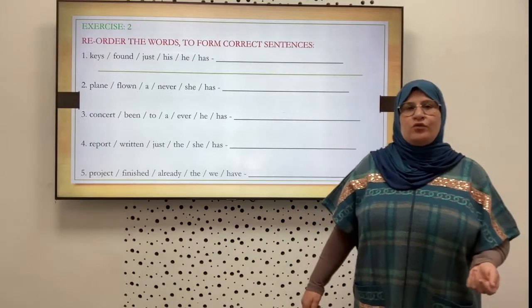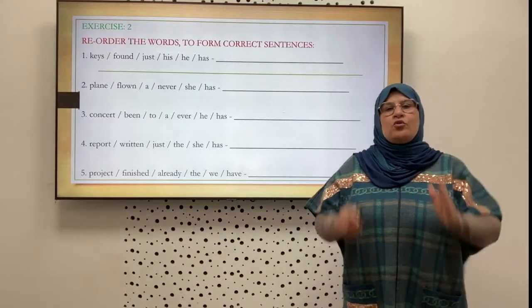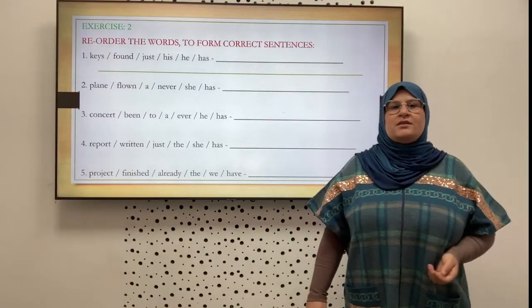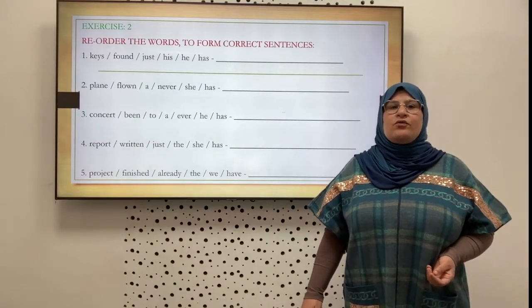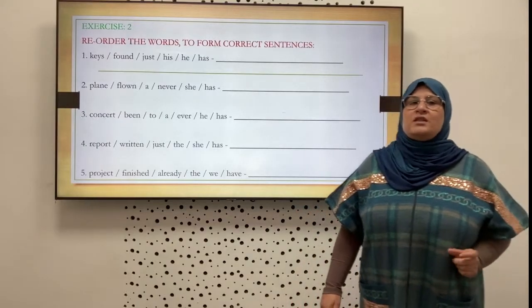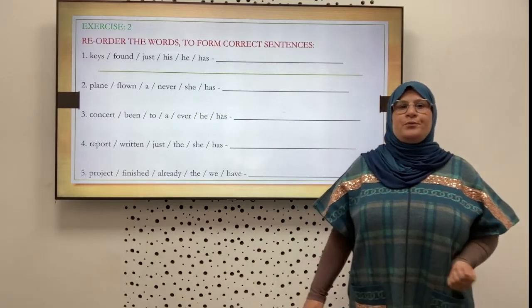Sometimes when you have adverbs like already, just, ever, and never, they are usually placed between the auxiliary and the verb. So we can say, he has just found his keys. He has just found his keys. You see, I placed the adverb just between the auxiliary and the verb.